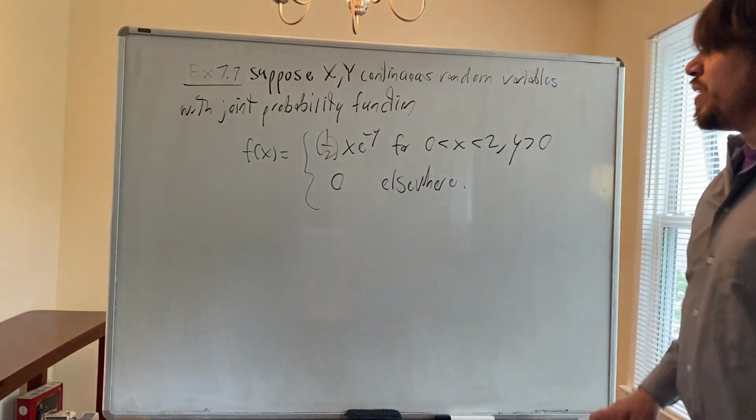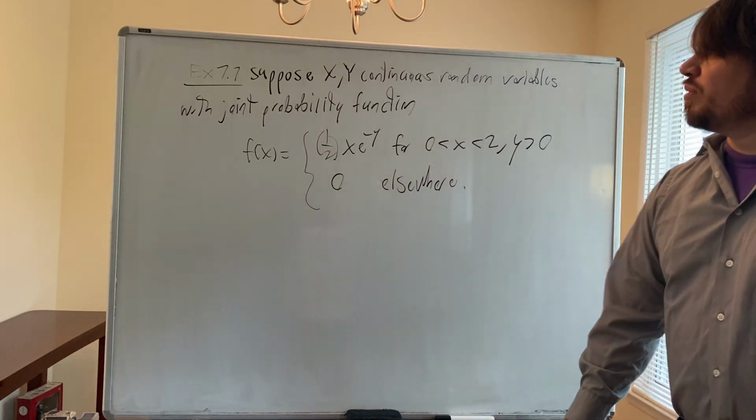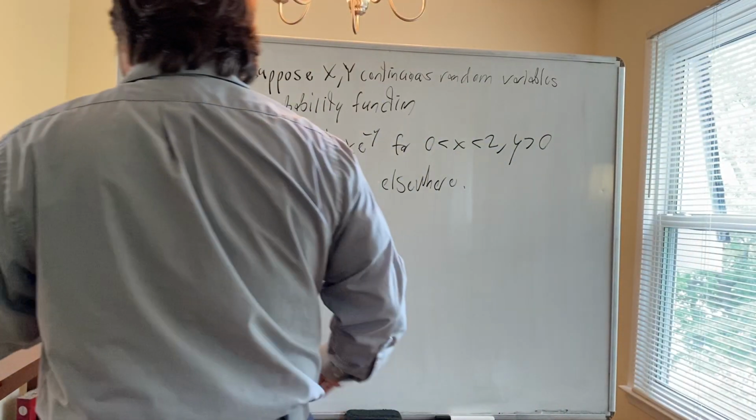Okay, so that is our joint probability function for continuous X, Y.